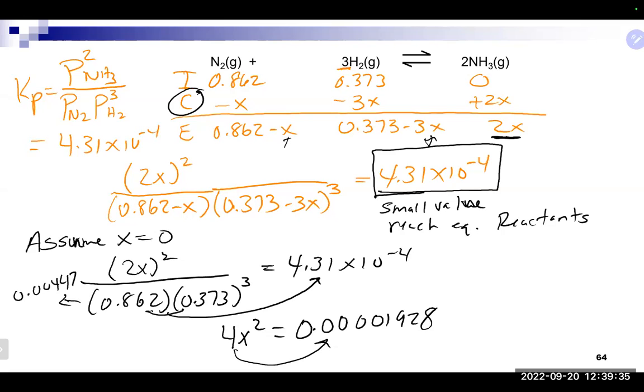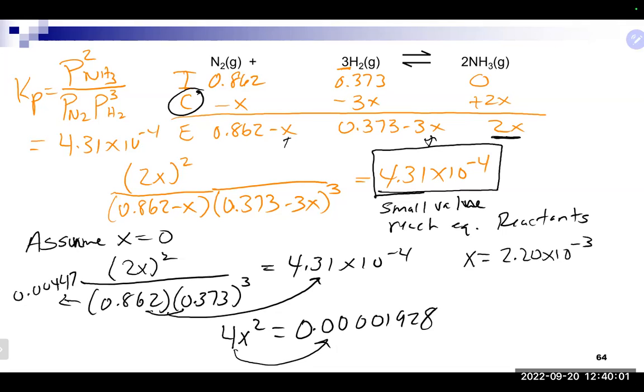We're going to divide by 4 and take the square root, and that is going to get us an x value of, we'll call it, 2.20 times 10 to the minus 3 in this case.